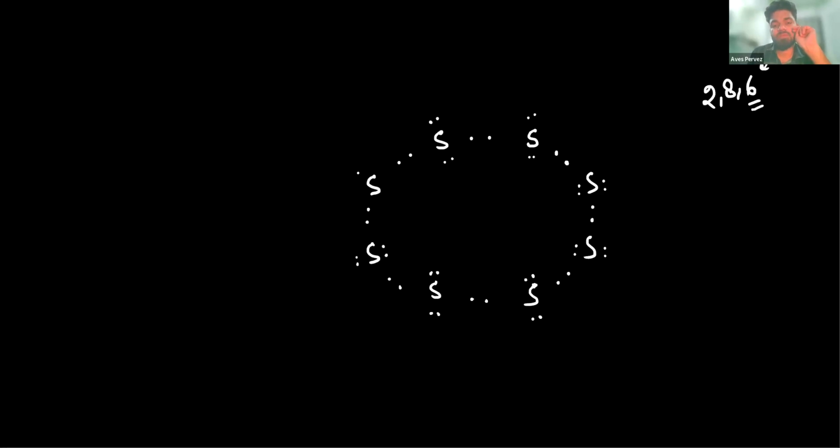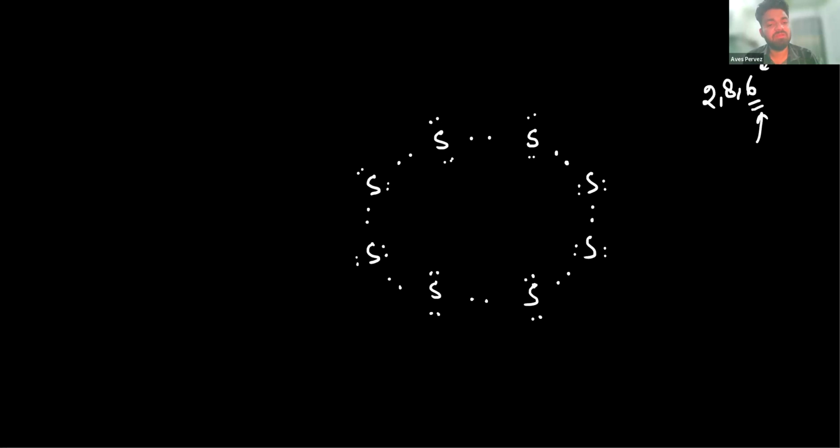Why does it need only two electrons to complete its last shell? Because the maximum electrons a shell can have is 8, and it has 6. So that's why it is sharing one with this sulfur and one with that sulfur. Every sulfur atom is going to share two electrons.